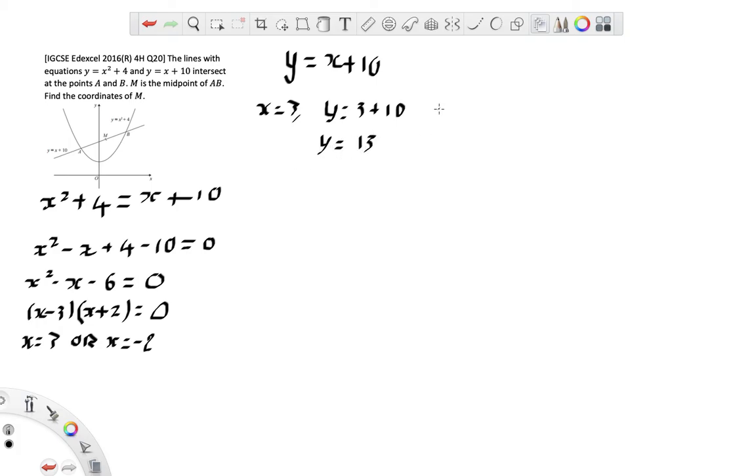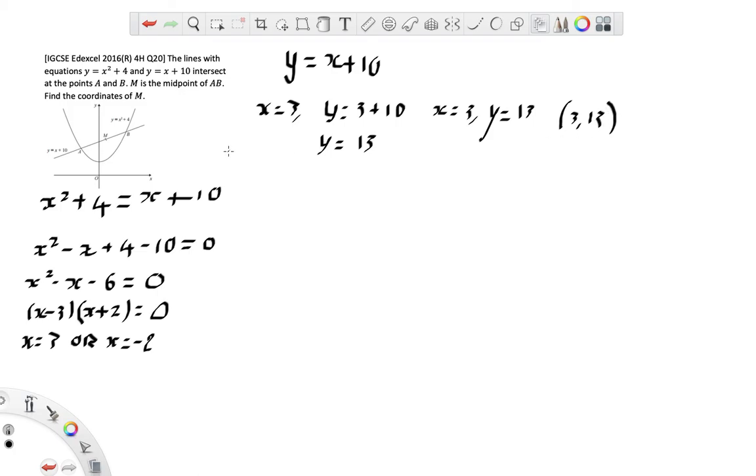So that gives us one solution, which is x is equal to 3, y is equal to 13, and that as a coordinate is the point 3, 13, obviously.